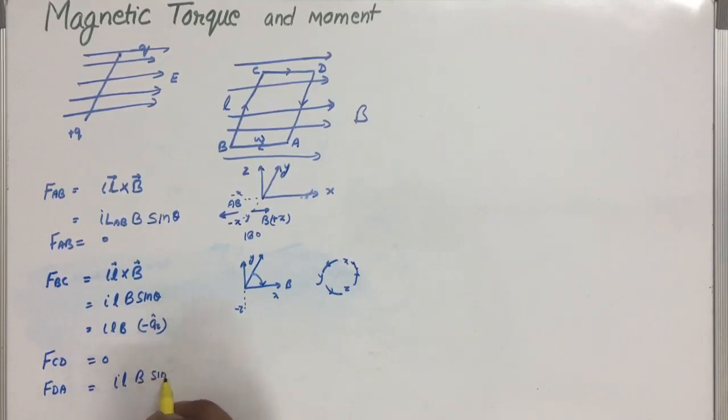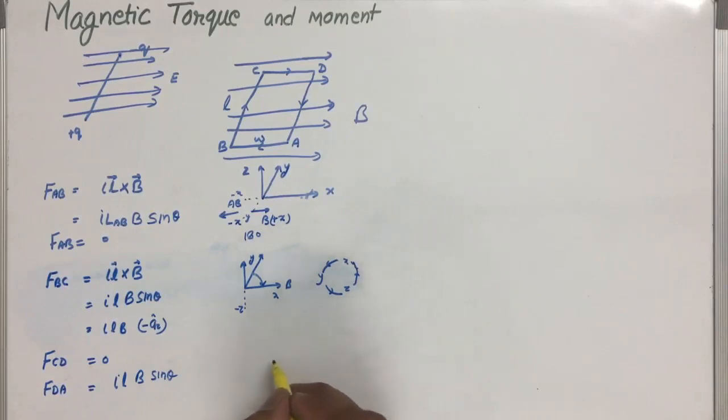ILB sin theta. Again, this B is in the direction of x and IL is in the direction of minus y.